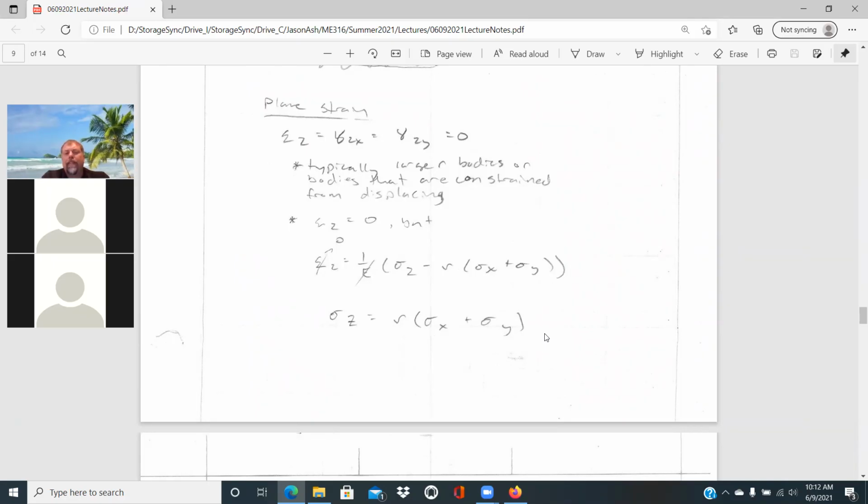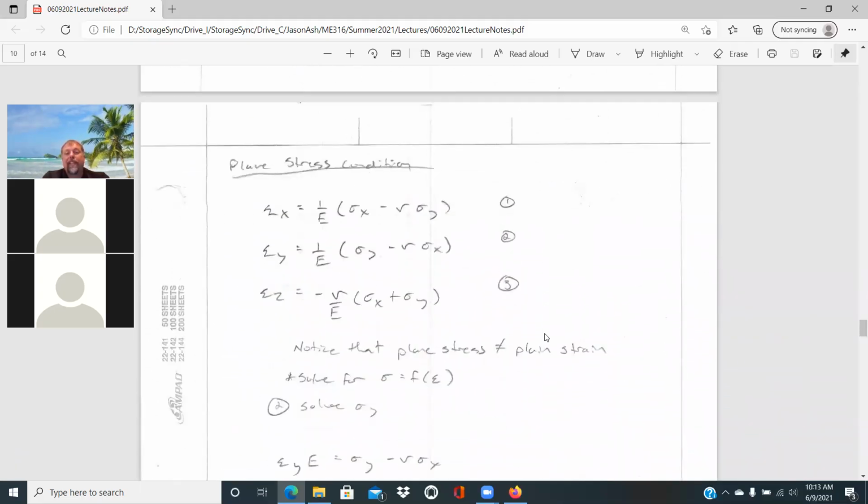And a lot of this really oftentimes depends on the boundary conditions for the given problem in determining what the 0 values are for the state of strain or the state of stress.